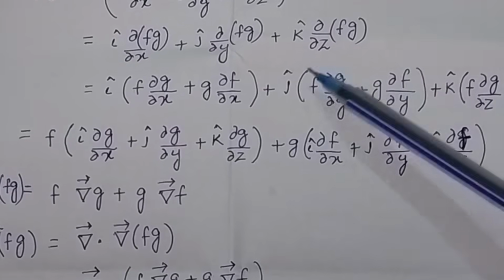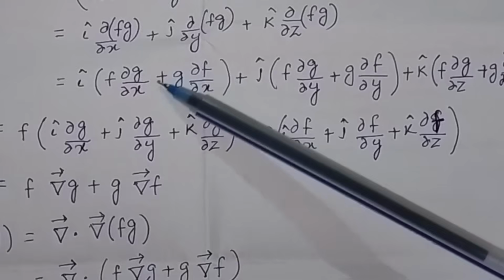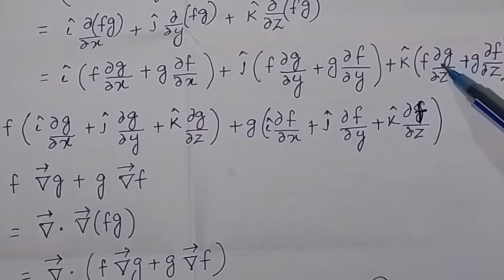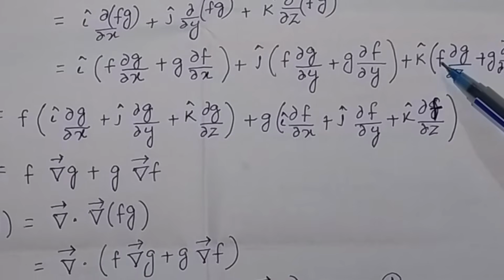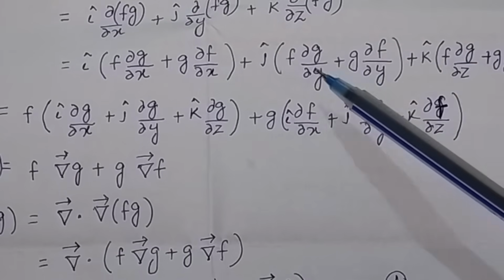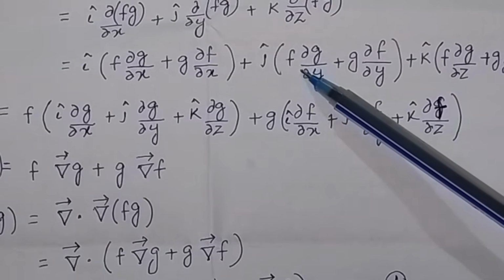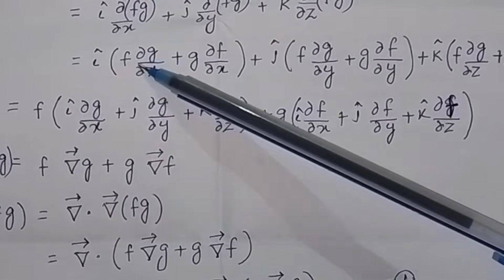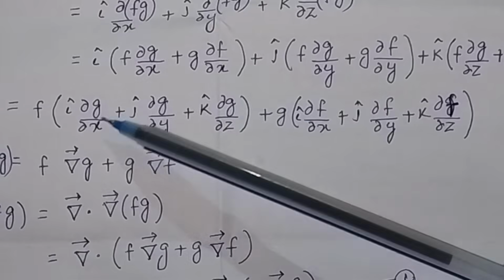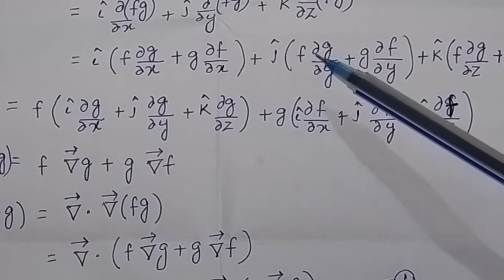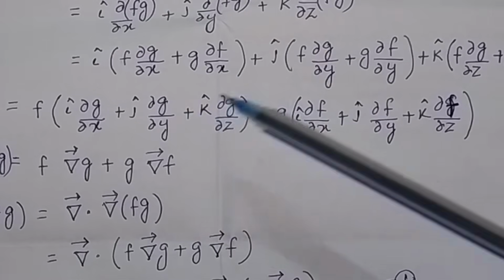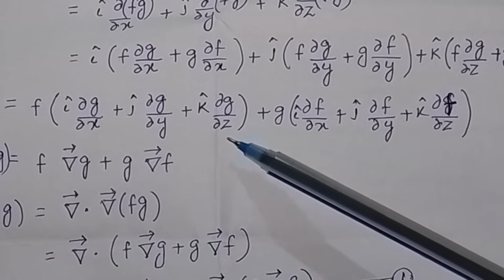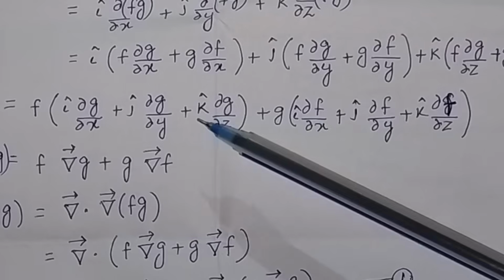Here you see you have g in all three terms, and f is multiplied, so you can take f common. If you take f common, then you have partial derivative of g with respect to x, partial derivative of g with respect to y, and partial derivative of g with respect to z, with i cap, j cap, k cap.